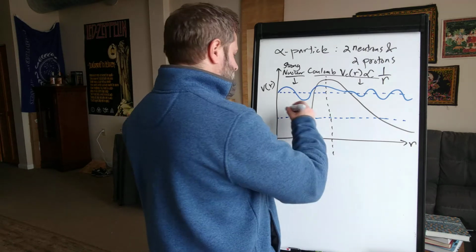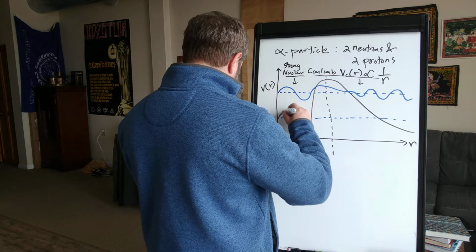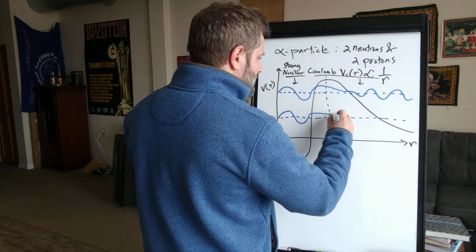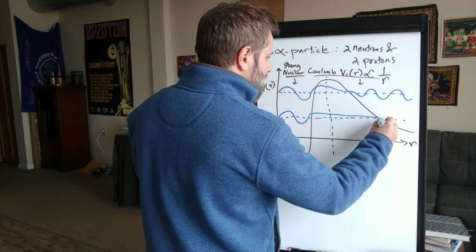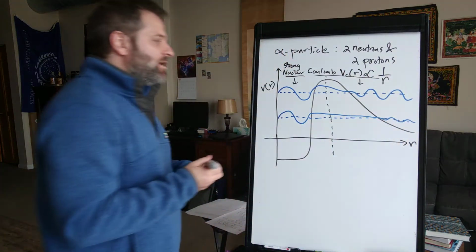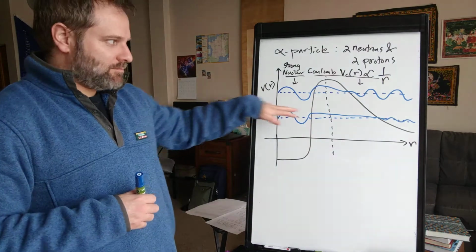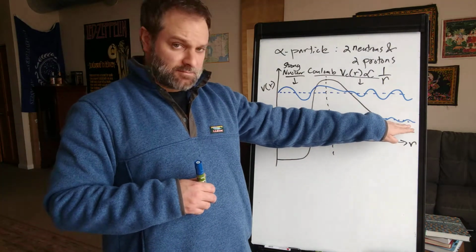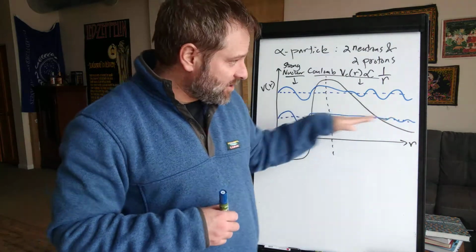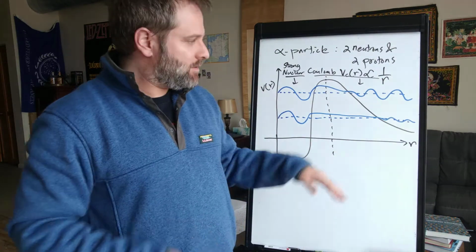Okay. And then we have some lower energy state. It also has some probability to escape, but the amplitude outside of the potential barrier is much smaller, right? Still have this plane wave wiggling out to freedom and infinity.